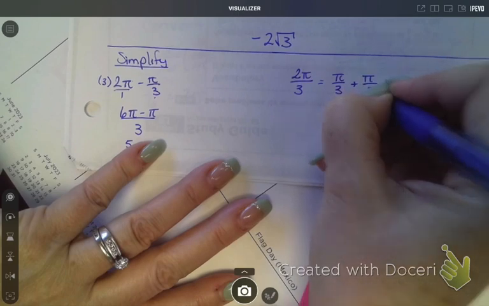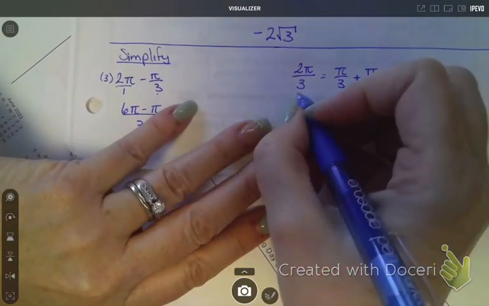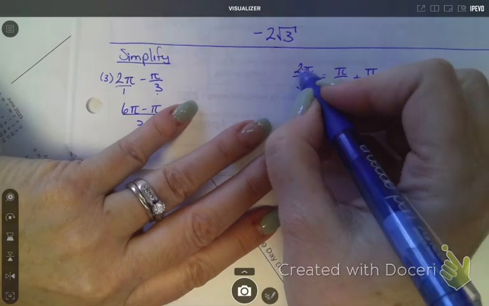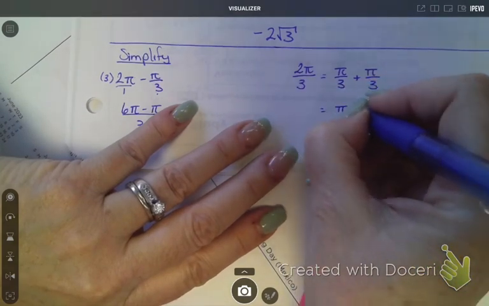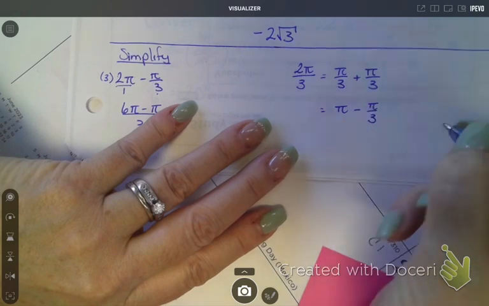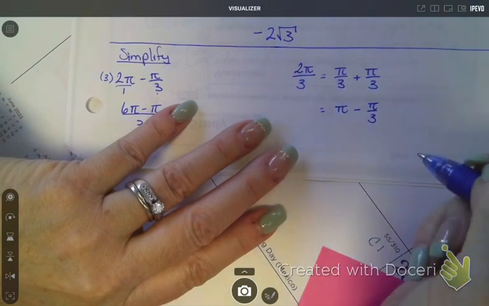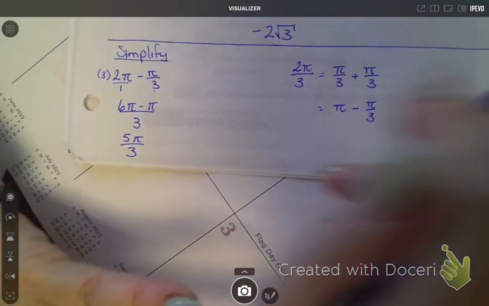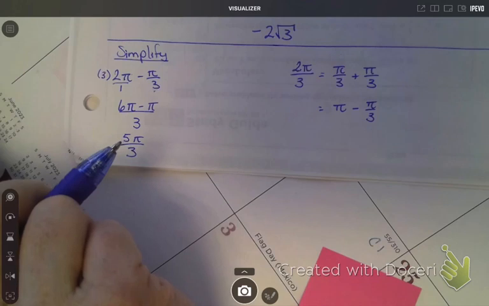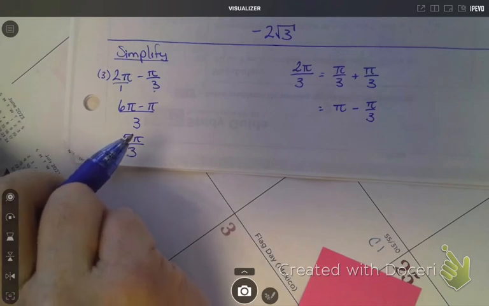That'd be an easy way to get it. You could do a difference. Well, I have one piece less, right? So I could say pi minus pi over 3, which would give me 2 pi over 3. So you just have to get some common denominators and work with that kind of stuff to do those. I think that's it.